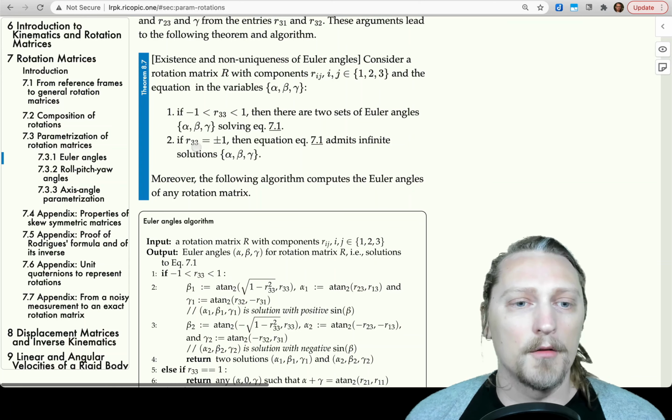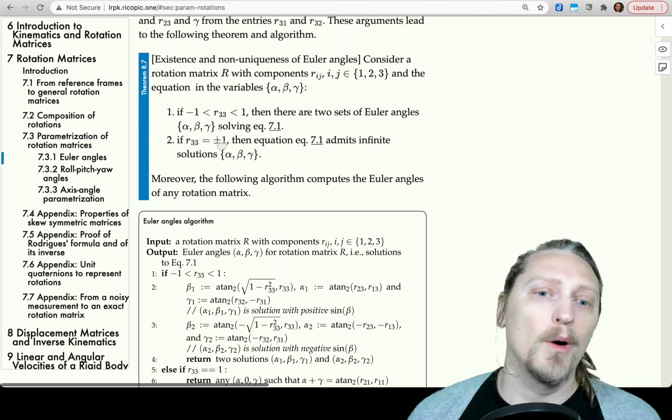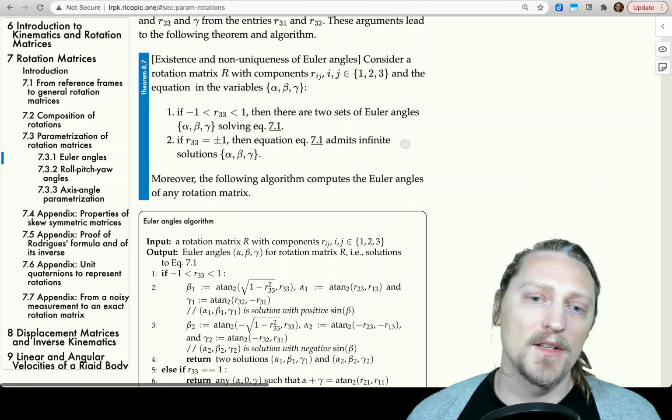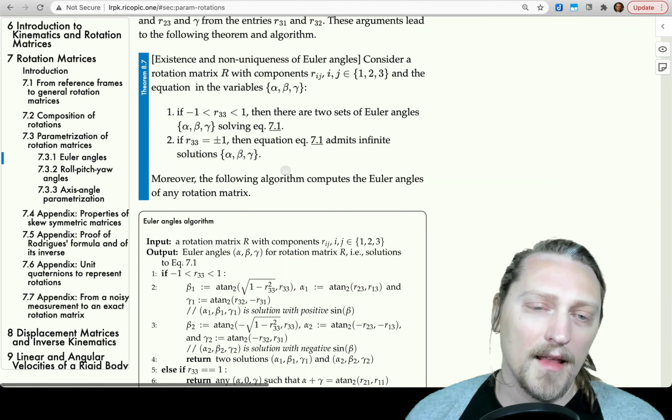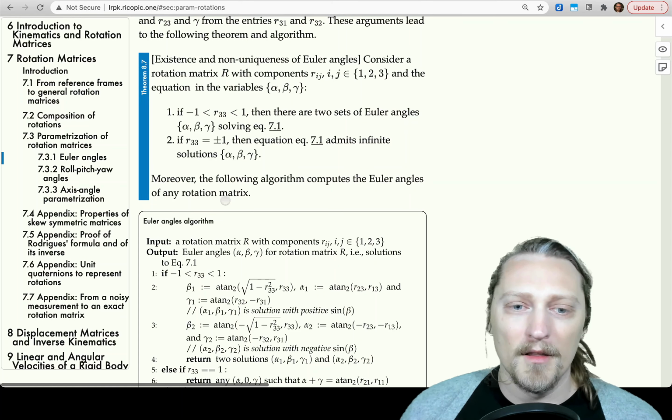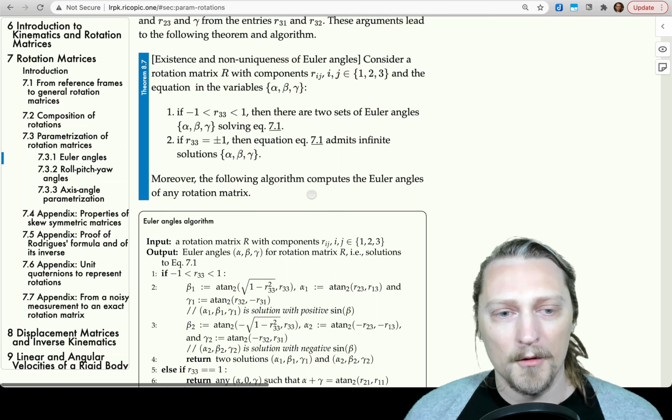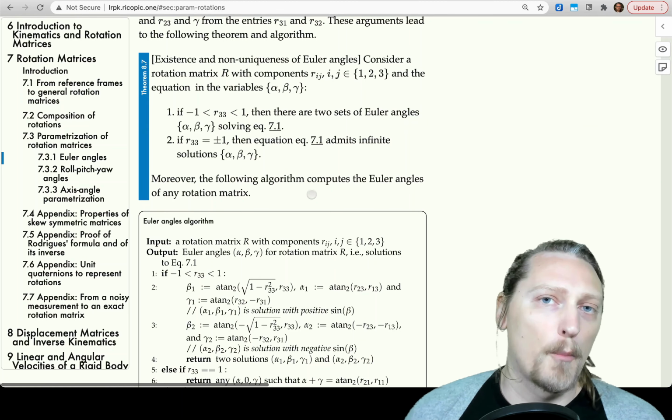If R33 is equal to plus or minus 1, then equation 7.1 admits infinite solutions alpha, beta, gamma. That's actually problematic when that happens. Moreover, the following algorithm computes the Euler angles of any rotation matrix.